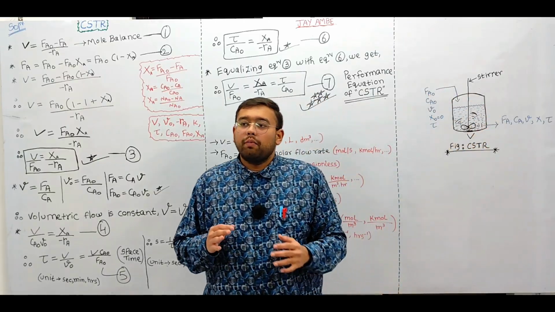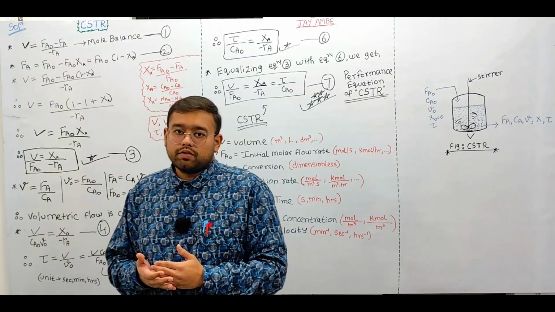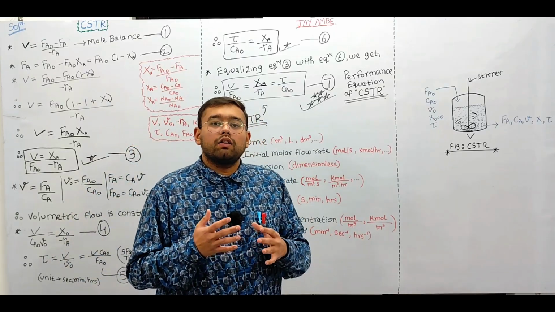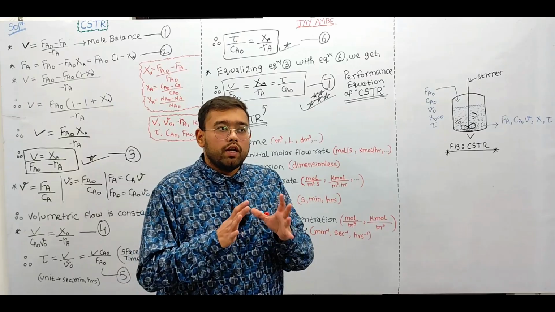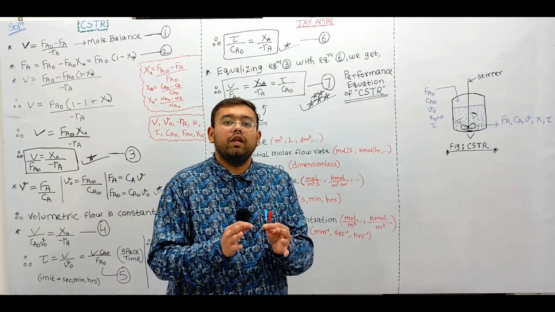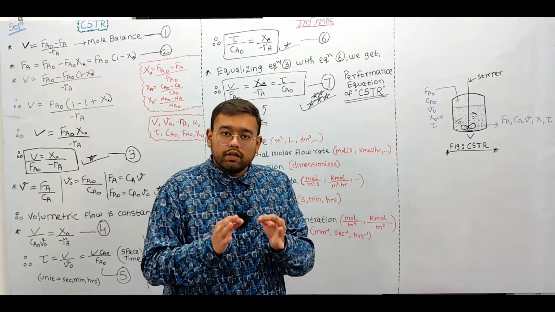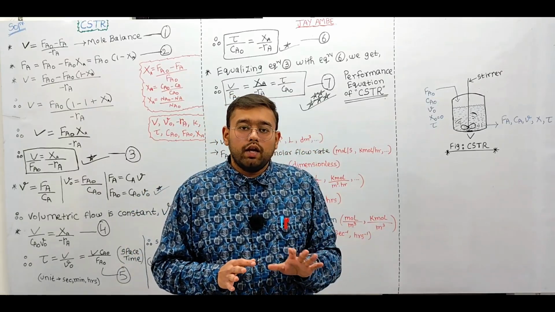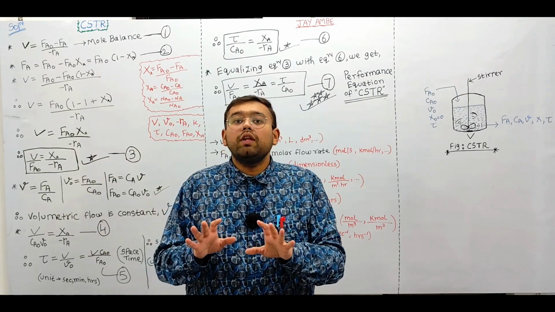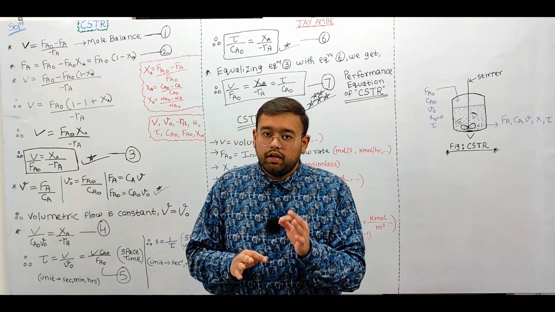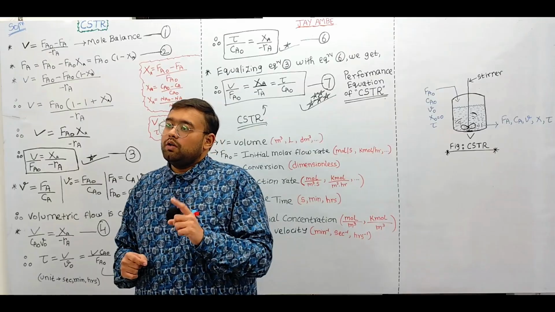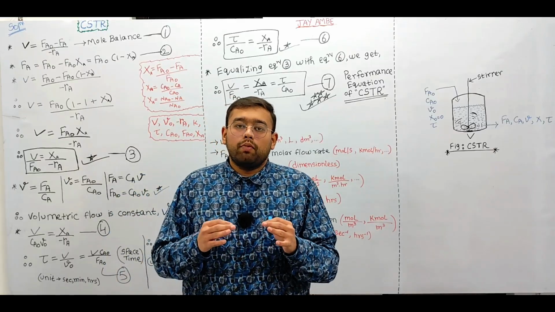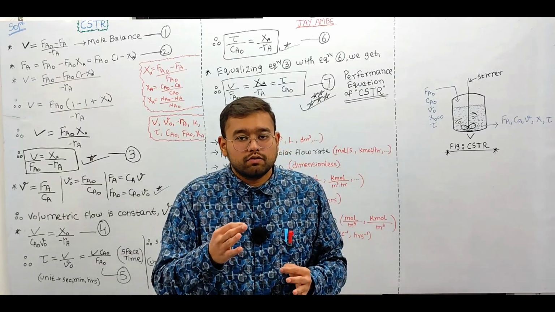But by understanding the performance equation, we'll understand the behavior of the reactor, the performance of the reactor, how the reactor will perform. That is why it's called the performance equation, right? So by understanding it, we can understand in a practical manner how the reactor will behave, right? But the performance equation will be derived by using the concept of the design equations.